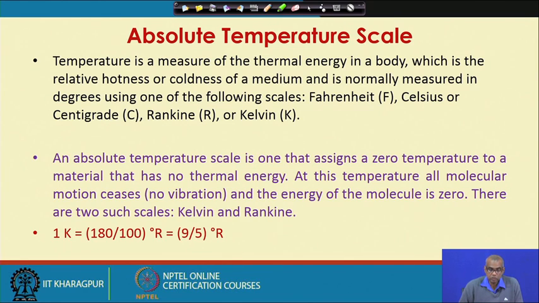So, an absolute temperature scale will assign a 0 temperature to a material with 0 thermal energy, and 0 thermal energy corresponds to no vibration of molecules about their equilibrium position. There are two such scales, Kelvin and Rankine.